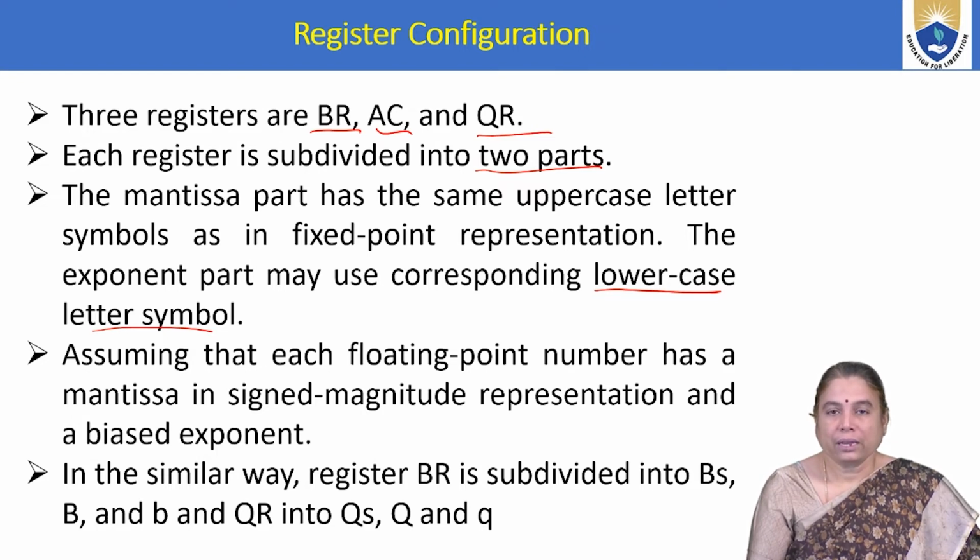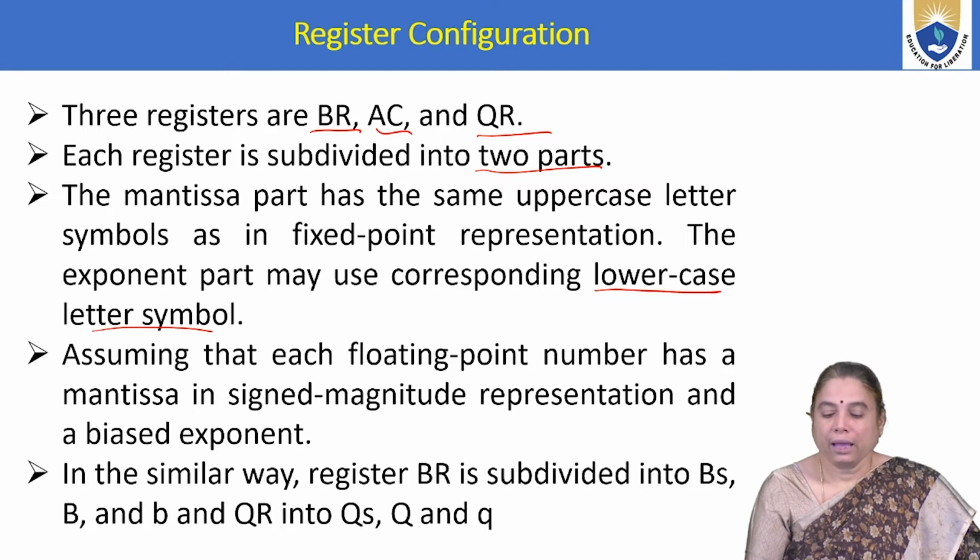The register has two separate parts: the mantissa, generally represented with a capital letter, and the exponent, generally represented with a lowercase letter symbol.